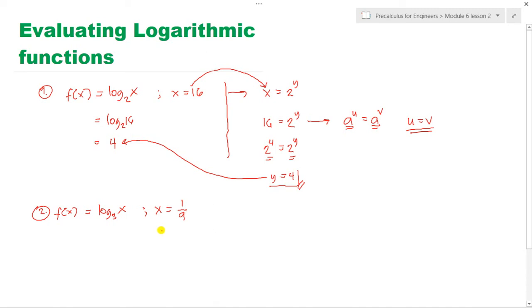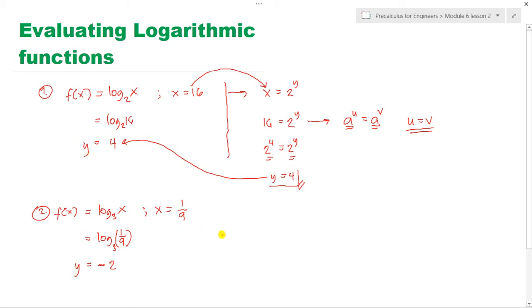Now, if you substitute this in the calculator, log of 1 over 9 to the base 3 is equal to negative 2. Again, the answer in a logarithmic function is the exponent, so our y or f of x equals negative 2.